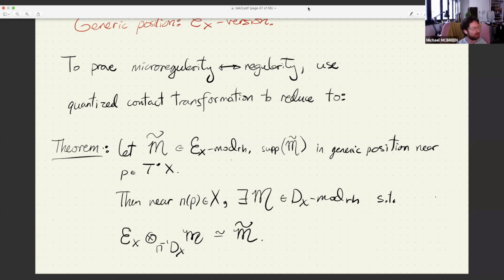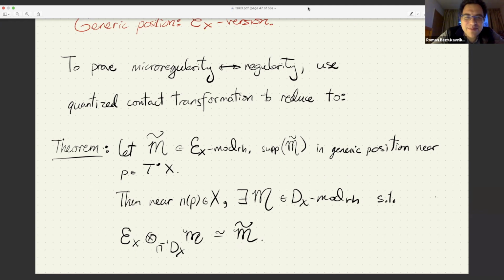Well, right. On the one hand, if you're trying to show that regularity implies micro-regularity, then in some basic case, the Fourier transform for conical D modules, I know it does preserve regularity.